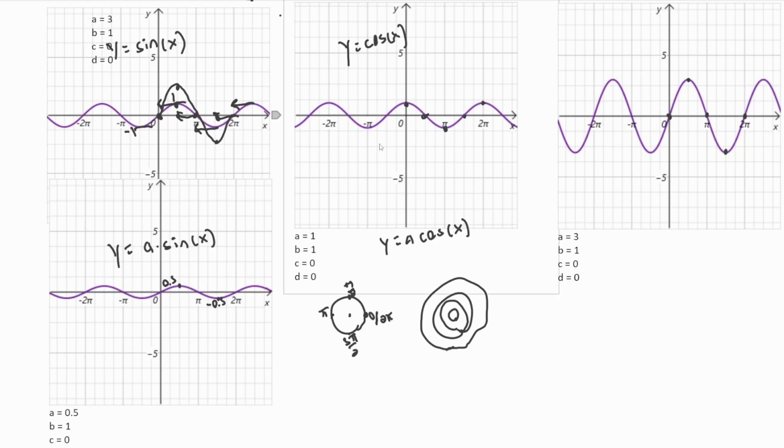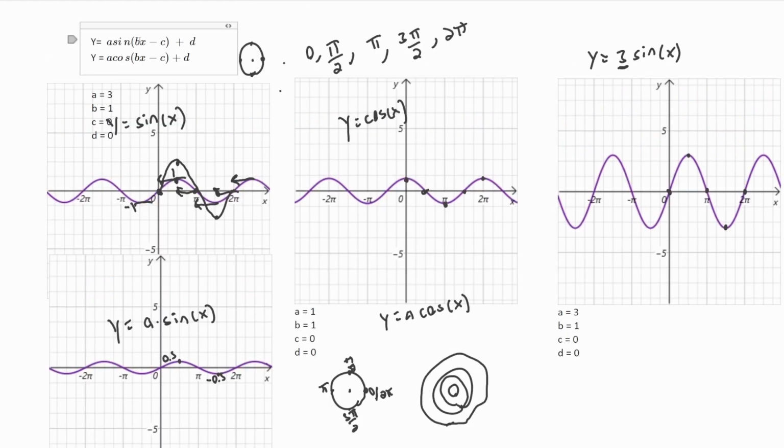Not every trig function has the same period. So the period is the amount of time, or in this case, the amount of angle that we have to rotate in order to complete the circle. So we can actually go through the circle faster or slower. And to change that, we end up looking at the coefficient of x here, b.